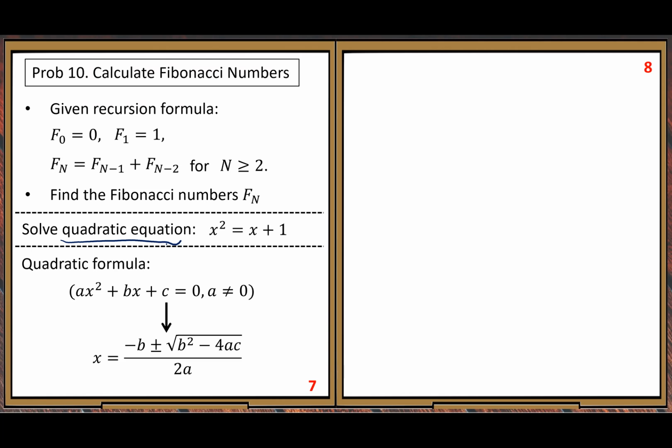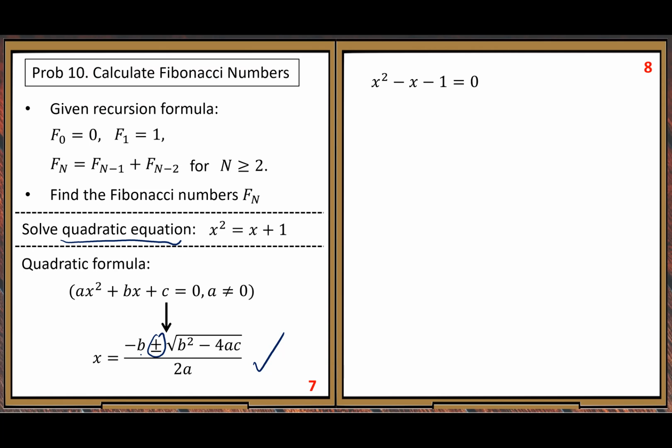The formula for the two possible solutions: negative b plus or minus the square root of b squared minus 4ac, over 2a. Here, a is 1, b is -1, c is -1.